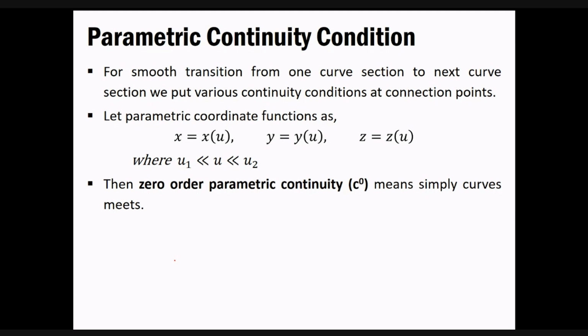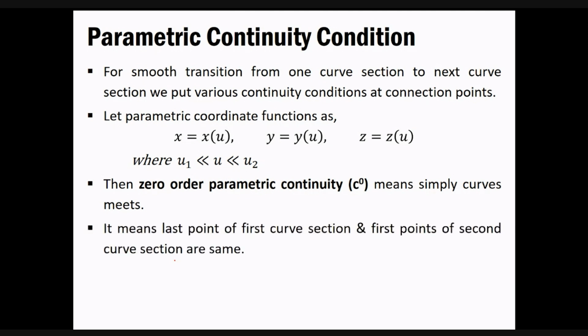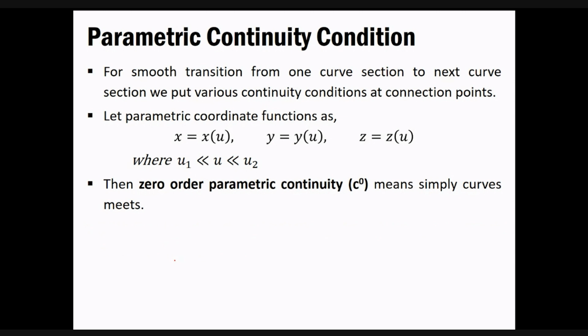The very first thing that we have is the zero order parametric continuity, indicated as C0, which simply means the curves meet.